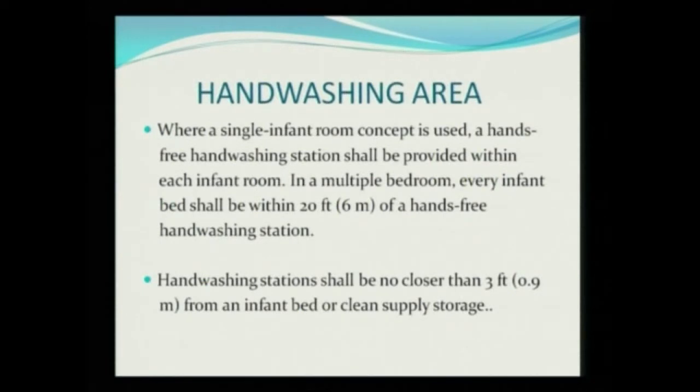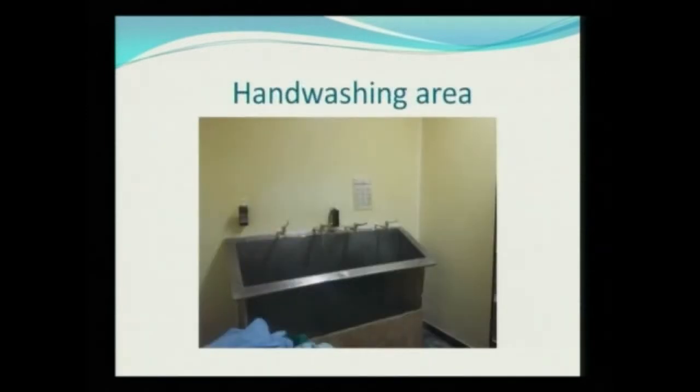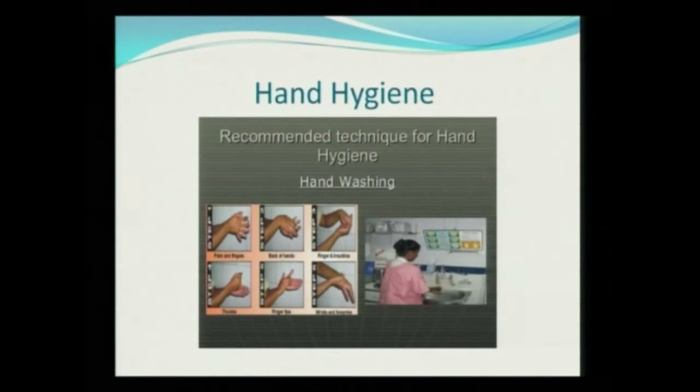This is an ideal hand washing area. It should be provided within each infant room, and if it's a multiple bed room, then every infant bed shall be within at least 6 meters of a hands-free hand washing station. This is our hand washing area. These are the 6 steps of hand hygiene as given by the World Health Organization.